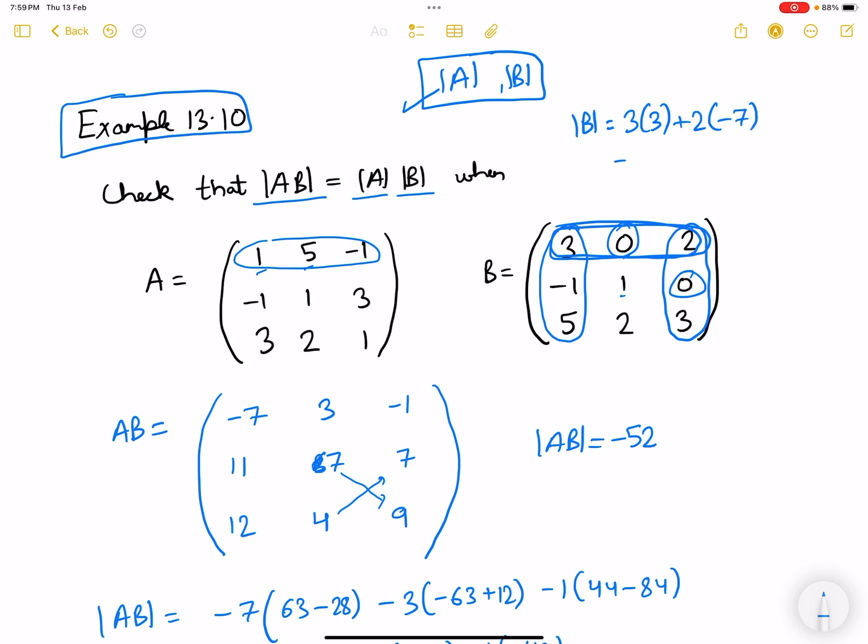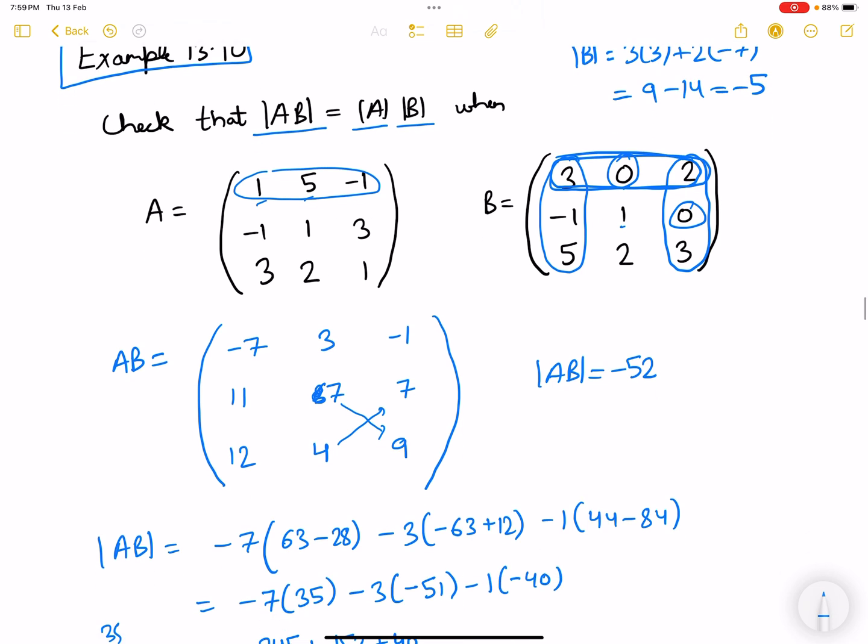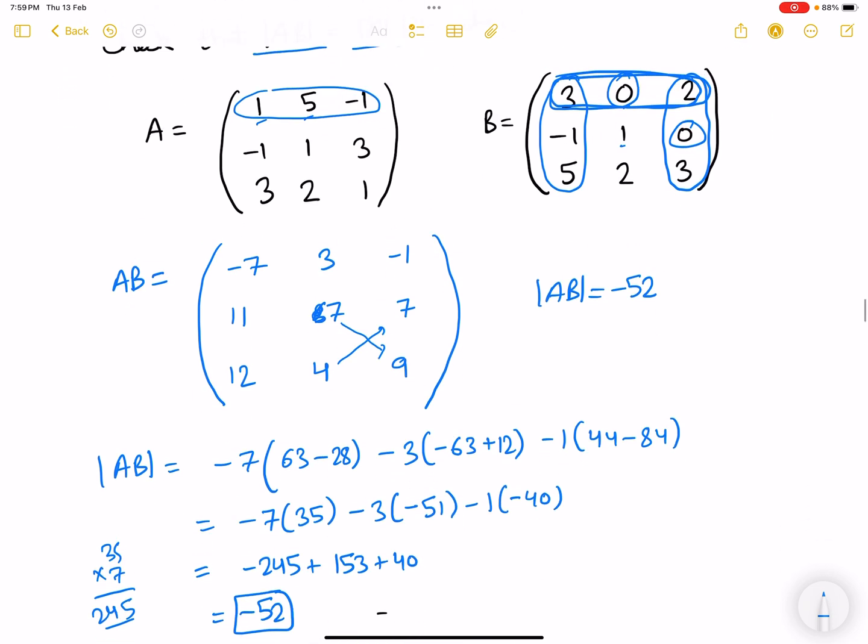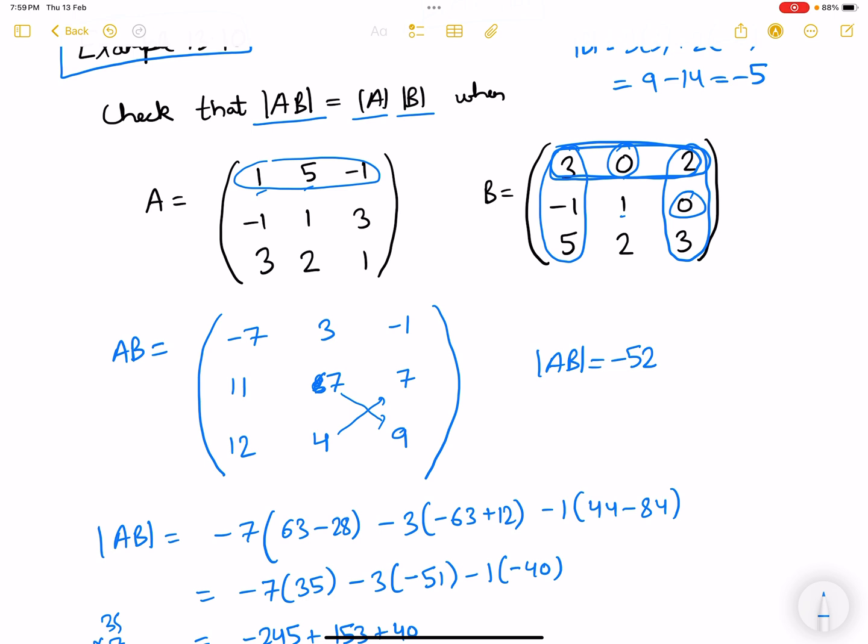This is 9 minus 14, which is minus 5. Just try to find A determinant. I'll just verify this as well. 3 minus 5 minus 5 minus 10. 5 minus 2 3.